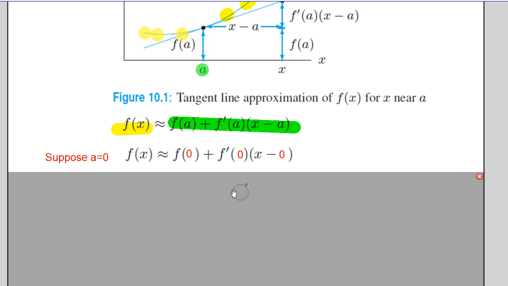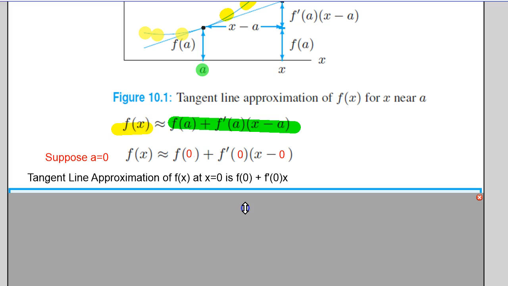So let's suppose a is equal to 0. So then we have a simpler expression, and we have the tangent line expression turning to this, or simply basically this. Well, actually, I tricked you guys. We really shouldn't have been calling it just a tangent line approximation.